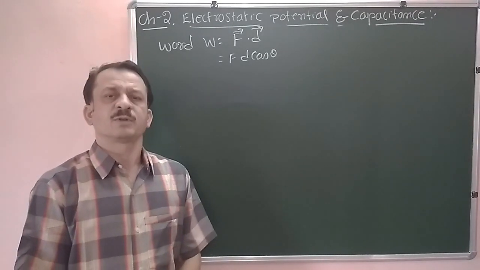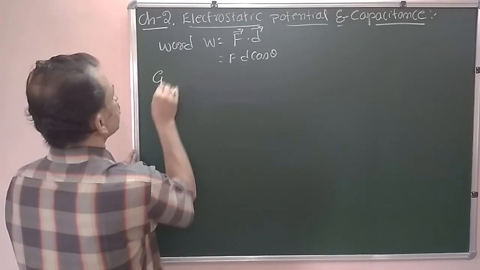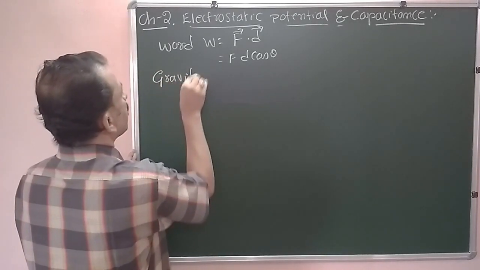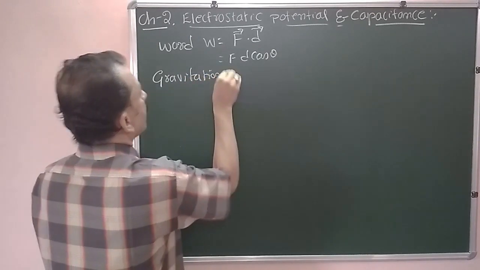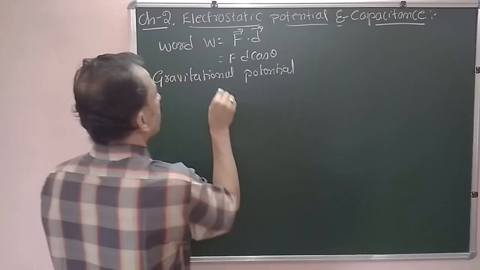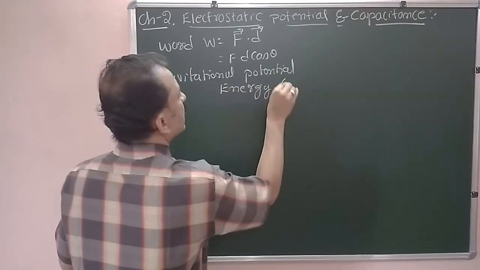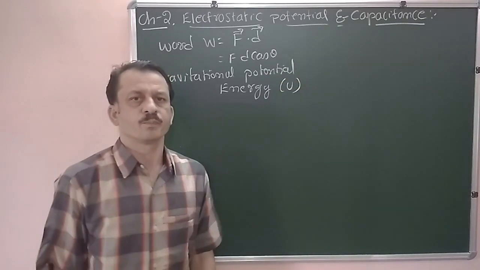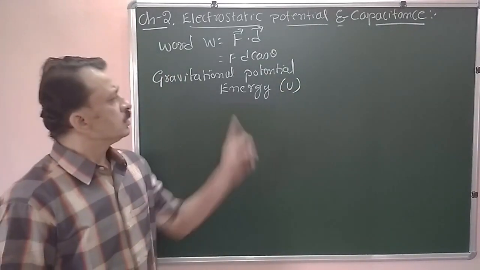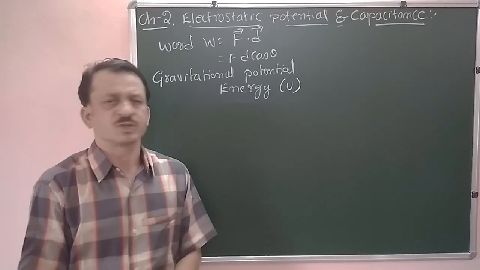And in the 8th chapter we have studied gravitational potential energy, and it was denoted by the letter U.